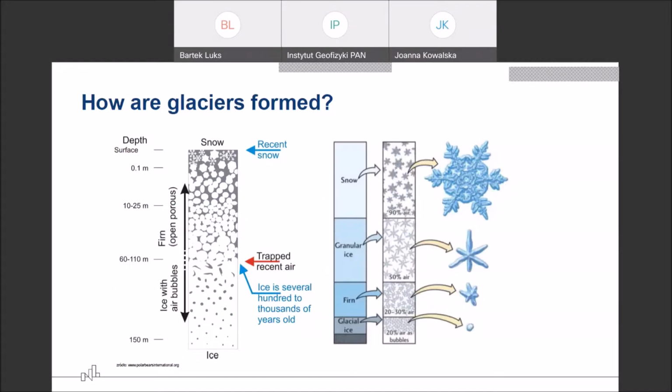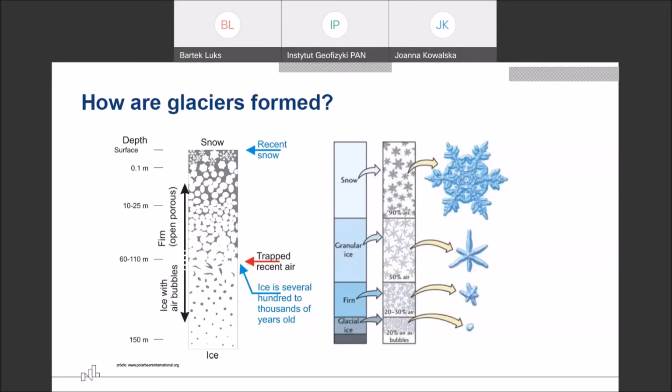And then when you still have falling snow from year to year, the mass builds up on the top, and the ice crystals are squeezed more and more, and they start transforming to glacier ice. So in the glacier ice, we can have air, like you can see on the left side. We can have air that was trapped thousands of years ago. Yeah, and that's basically how they are formed.